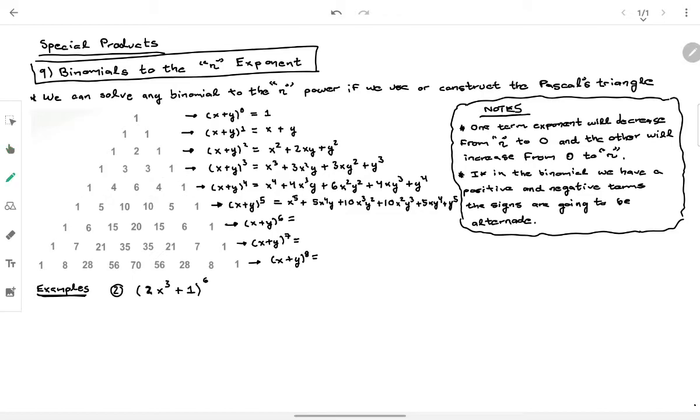So if we get something like this, something to the 6th power, we will need this specific structure. So we know it's going to be something like this.